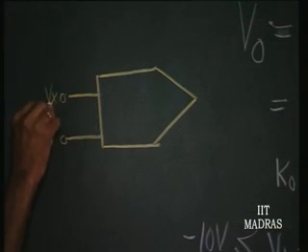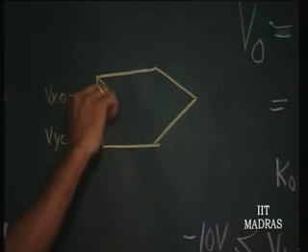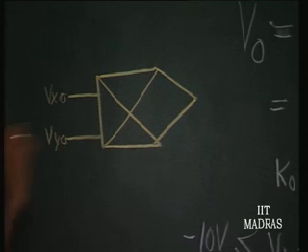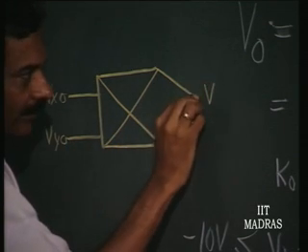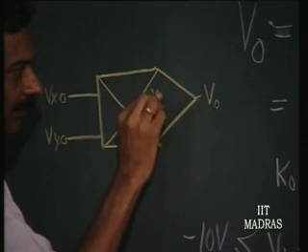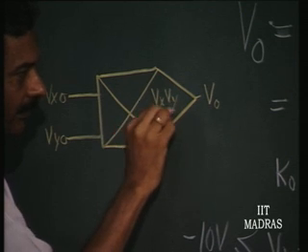This is Vx, this is Vy, the multiplication operation, and this is V naught, which is nothing but Vx Vy by 10.